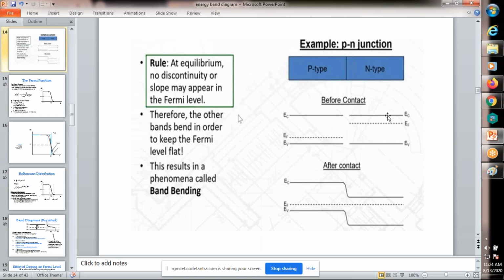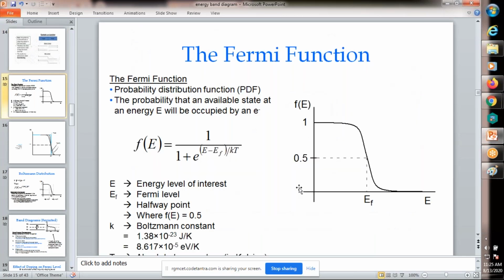This difference is the same before and after contact. Then how do we connect? Since the valence band shifts, we just simply connect it here. This phenomenon is called band bending. Remember this.